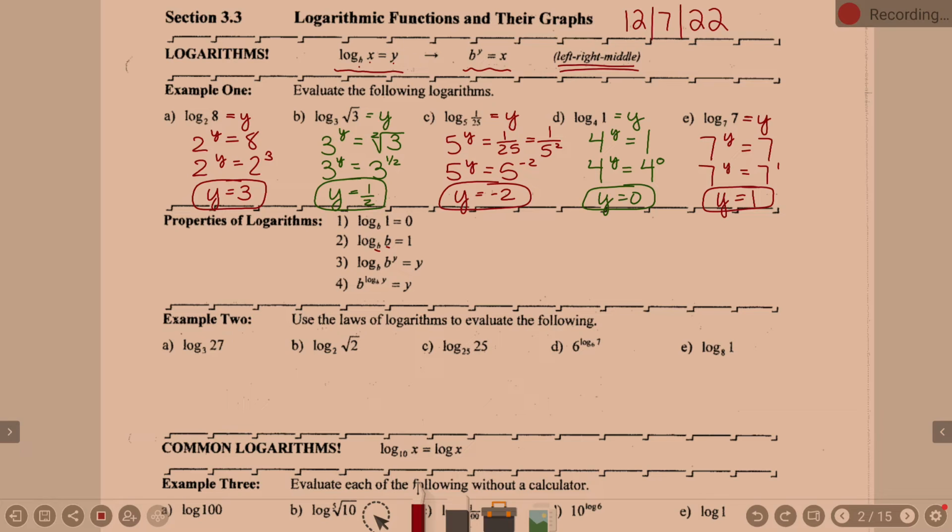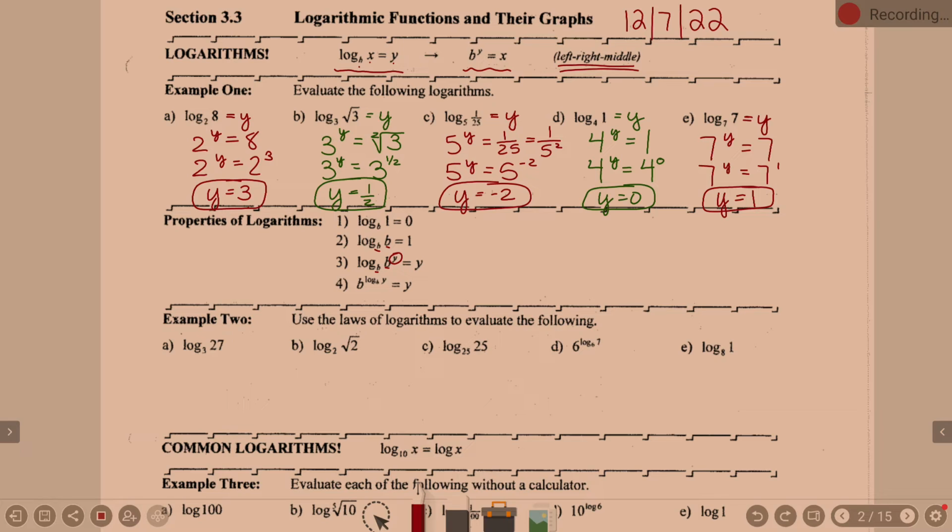Property 3, log base b of b to the y. When the base of the log and the base of the power match, it's equal to your exponent. Really that is a variation of examples A, B, and C. Log base 2 of 8 could be rewritten as log base 2 of 2 to the third, and my answer was 3.